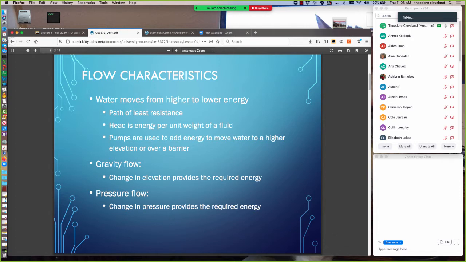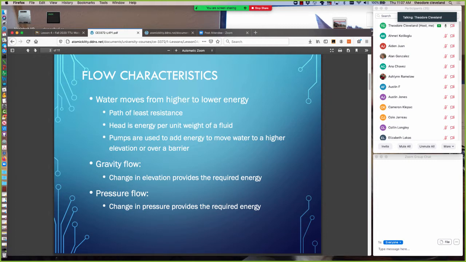If that fluid system happens to be a gas instead of a liquid like water, then the pump gets a new name. It's called a compressor. The general purpose is to do the same thing: to add energy, and that allows water the capability of moving to a higher elevation or over some barrier, or if you push it through a nozzle, it could be used to cut things.